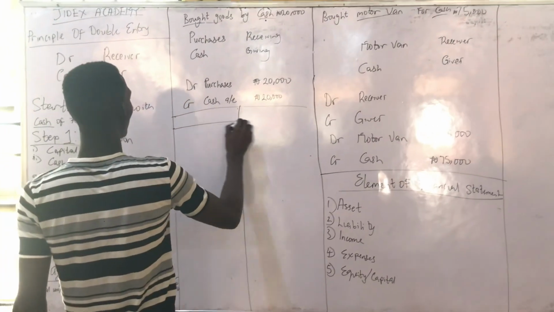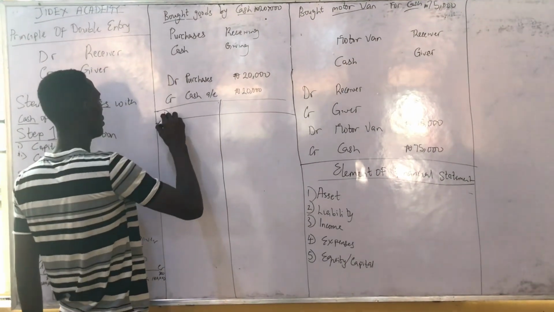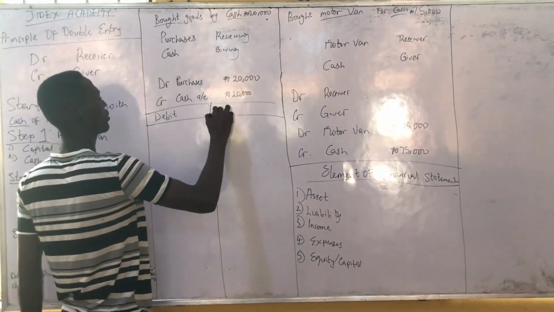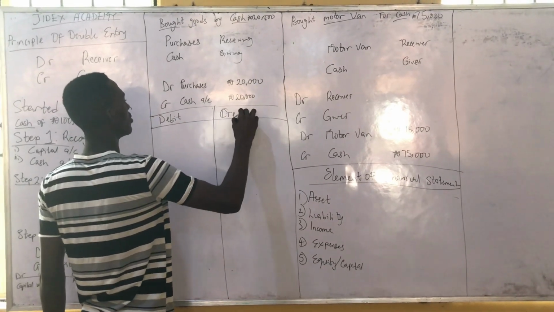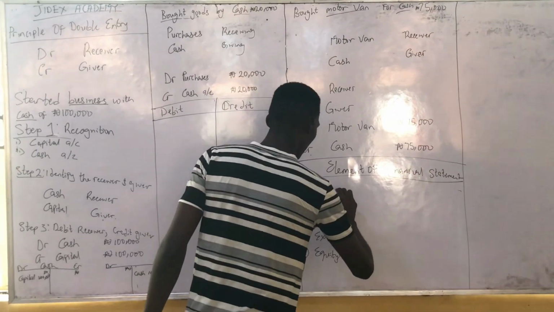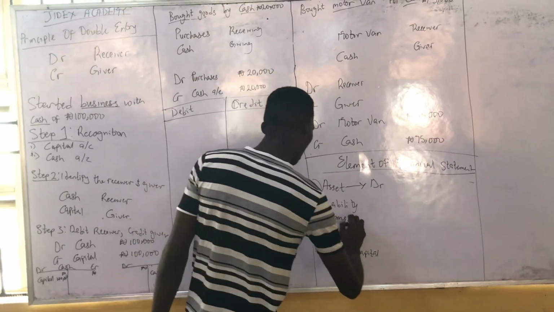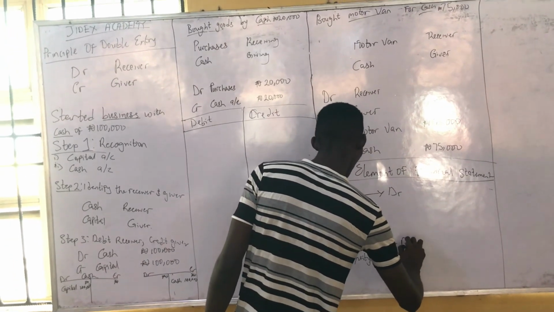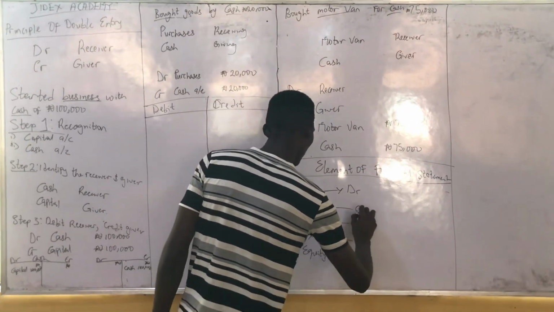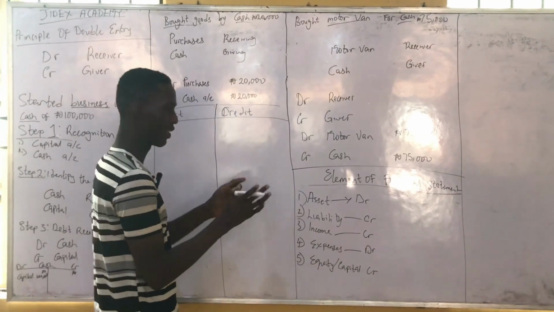So now let me divide this board for you guys. This is where you debit and this is where you credit. I want you guys to take note of this. Normally, this will always have a debit balance and this will always have a debit balance, while the rest will always have a credit balance. Take note of it.